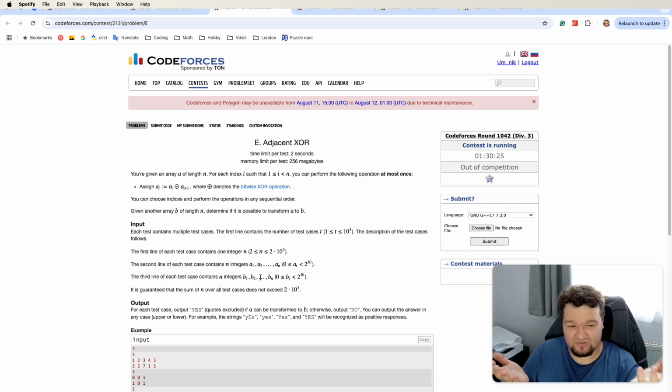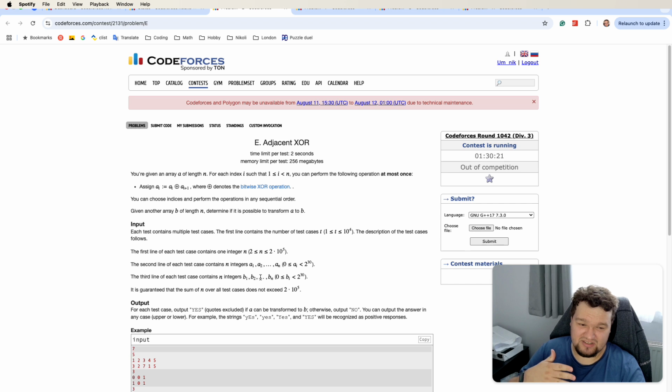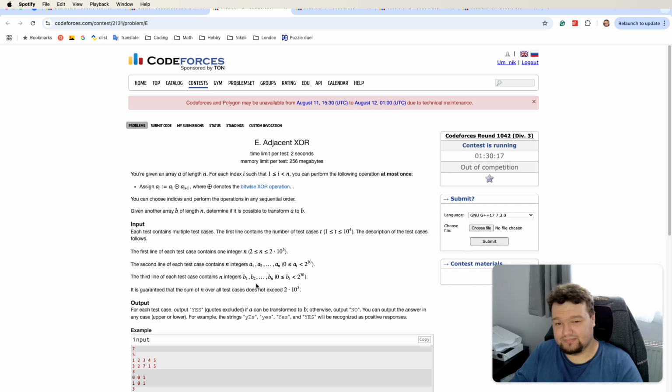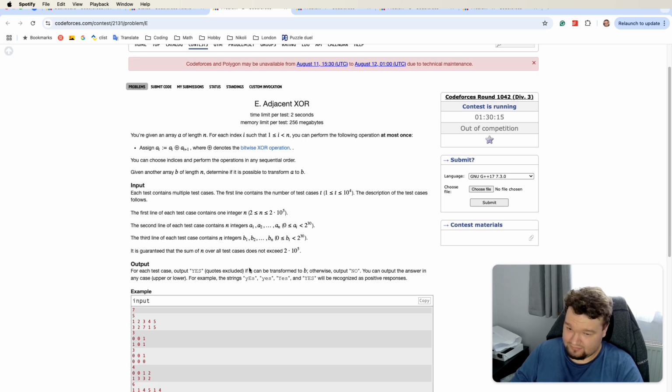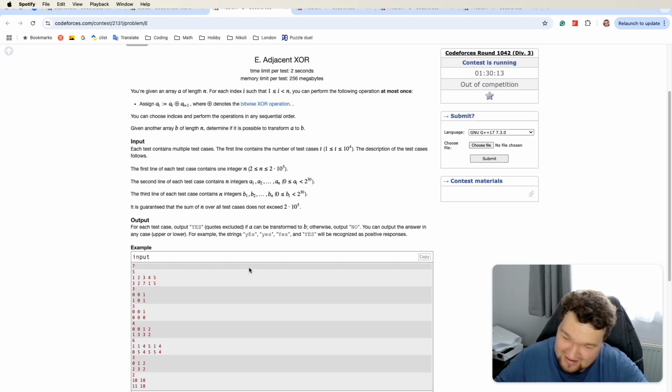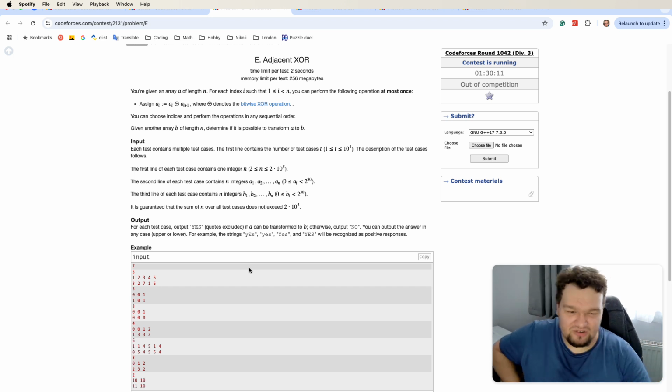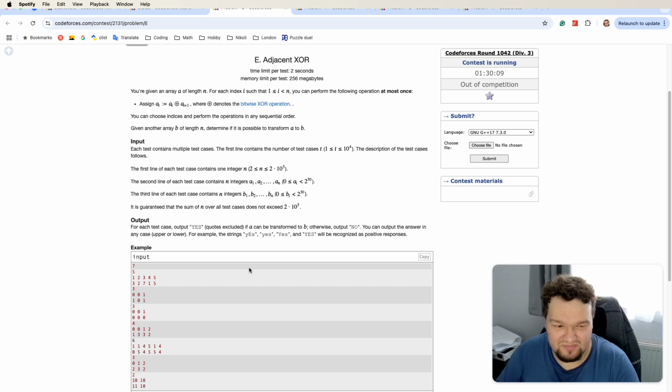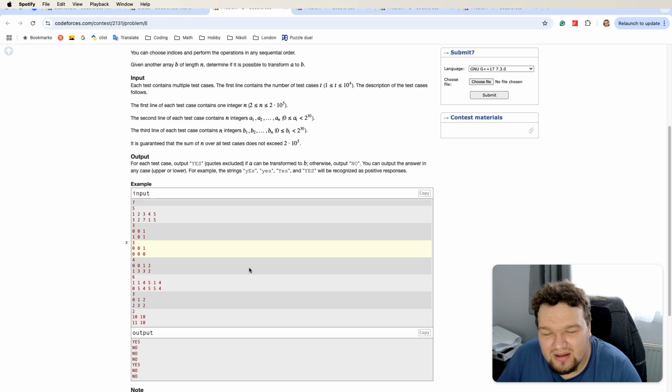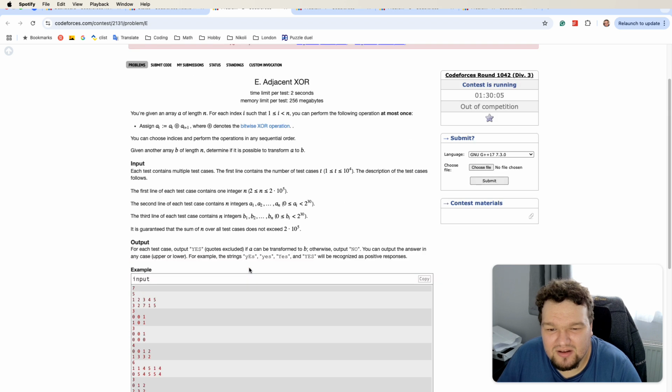If that is not true, then it is impossible. If it is true for every position, then it's actually possible. But actually printing the order of operations would be a bit of a harder problem. Since I don't need to do that, it's just, basically, one pass after reading the input.